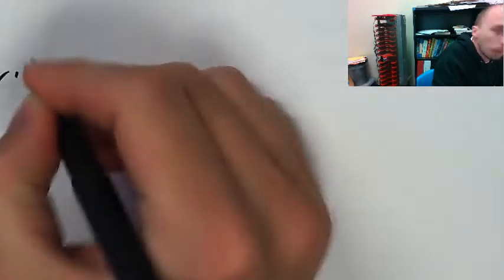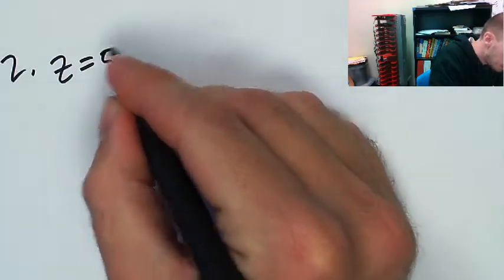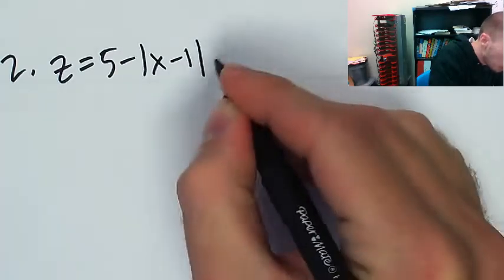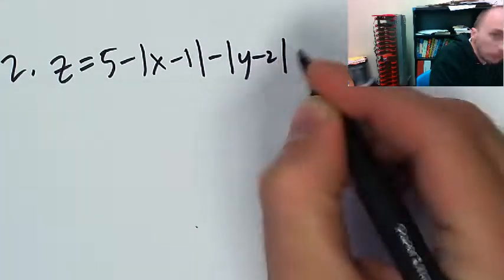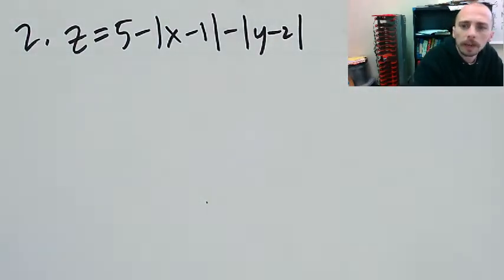The second one, I think, is also pretty obvious. z equals 5 minus the absolute value of x minus 1, minus the absolute value of y minus 2.